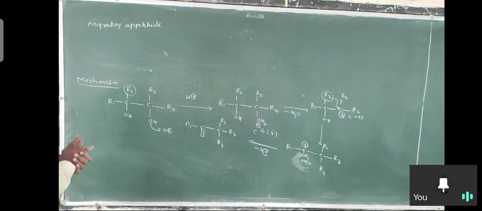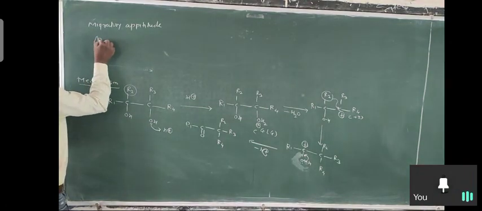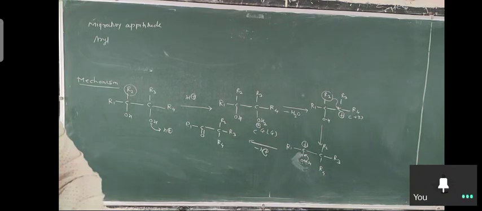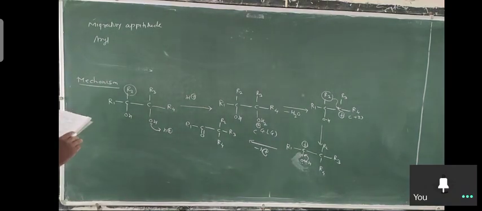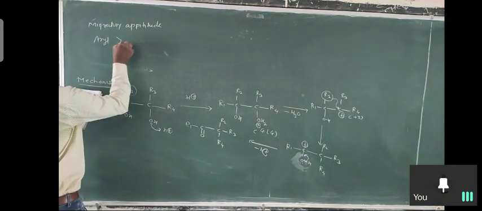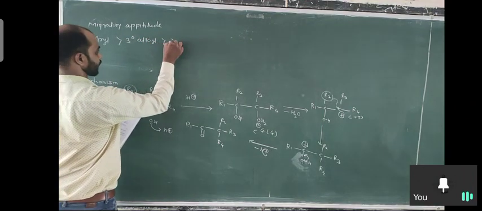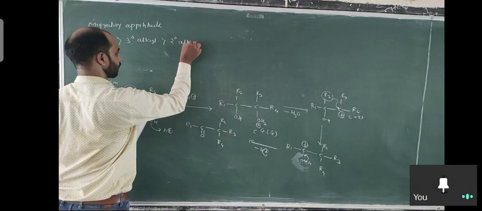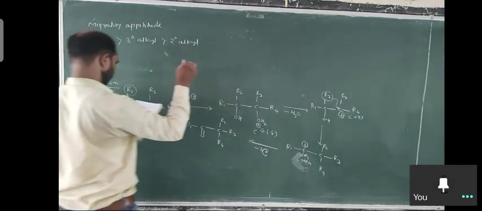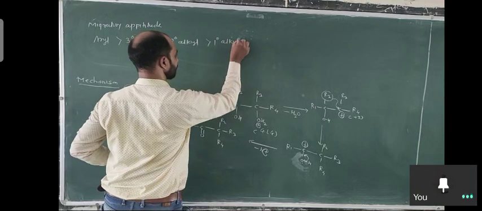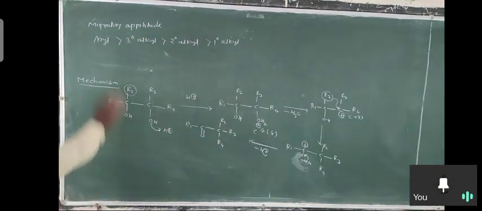So it is also possible. So aryl group has migratory aptitude first. Then there is tertiary alkyl, then secondary alkyl, then primary alkyl. So this is the order.